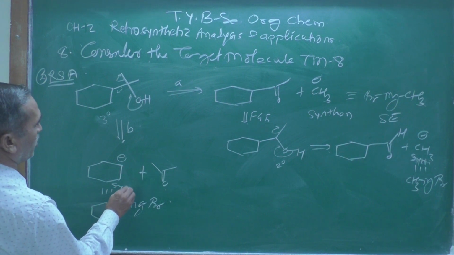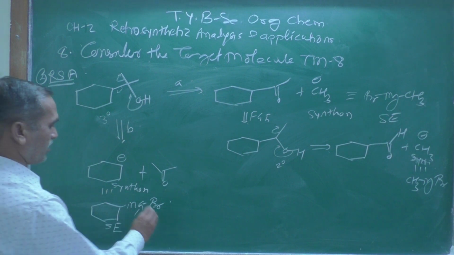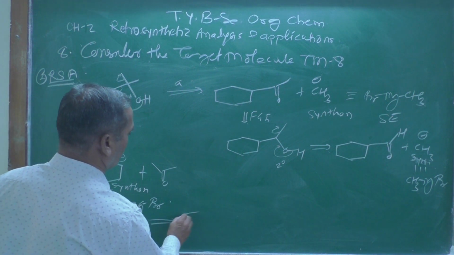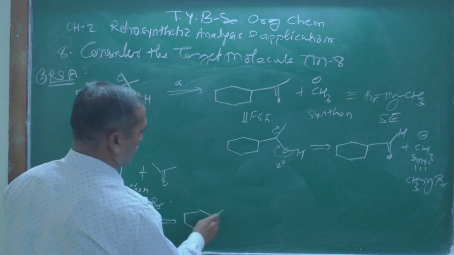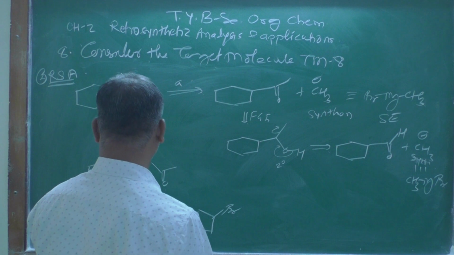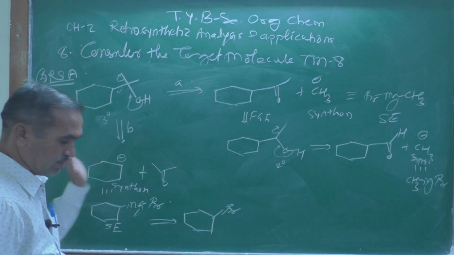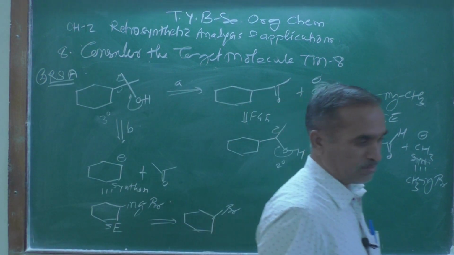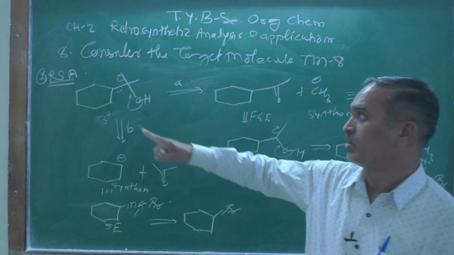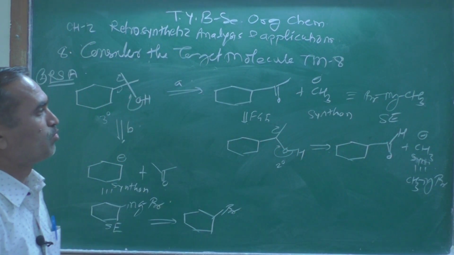This is a synthon, and this will be the synthetic equivalent, and this can be obtained from bromocyclohexane, like this. So this is the whole analysis of this target molecule. This is the retrosynthetic analysis we have seen over here.